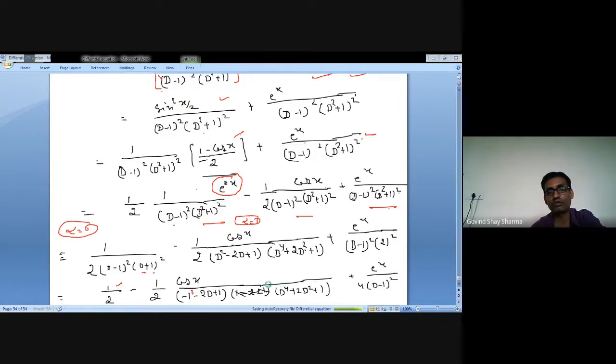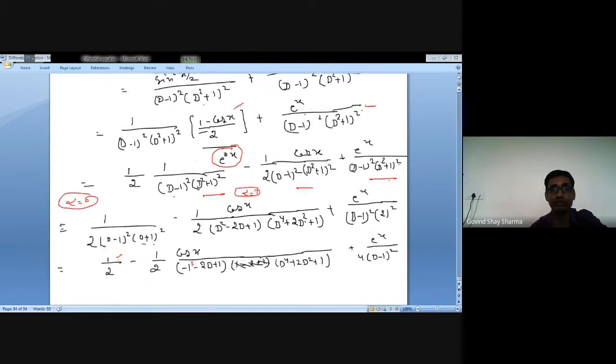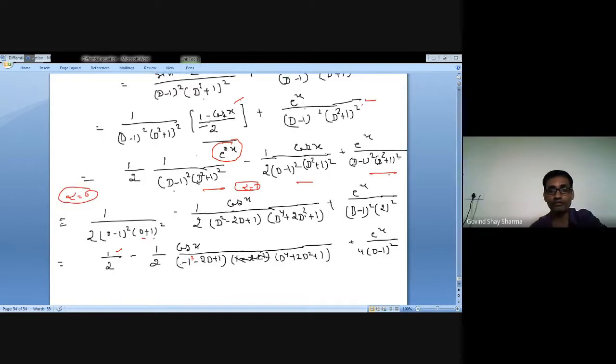Here we can write d4 as d square dot d square. And in both places we have minus 1, it will become 1. So 1, and here we put minus 1. So this cancels. So it is converted to 0, so we leave this. And e to power x.